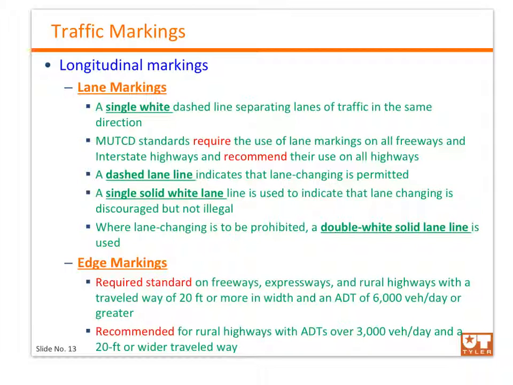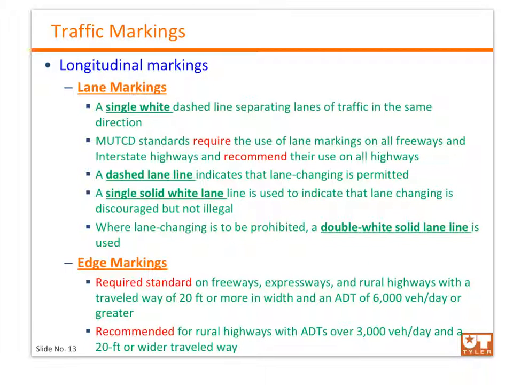Also, under the longitudinal markings, when it comes to lane markings, now we can talk about the white color. So we're done with the yellow color, which separates different directions. Now we're using a single white line. A single white line marking can be continuous and it can be dashed.